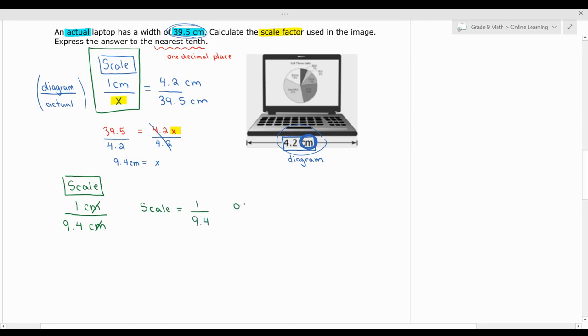Or you could say the scale is 1 to 9.4. So this would be ratio format. Let's write that down. So this is ratio. This is fraction format.